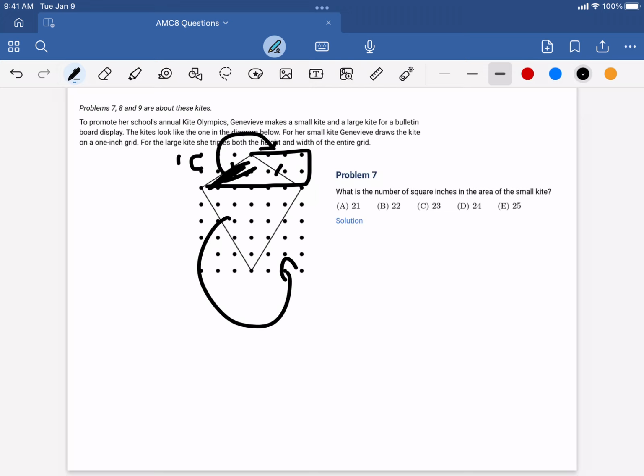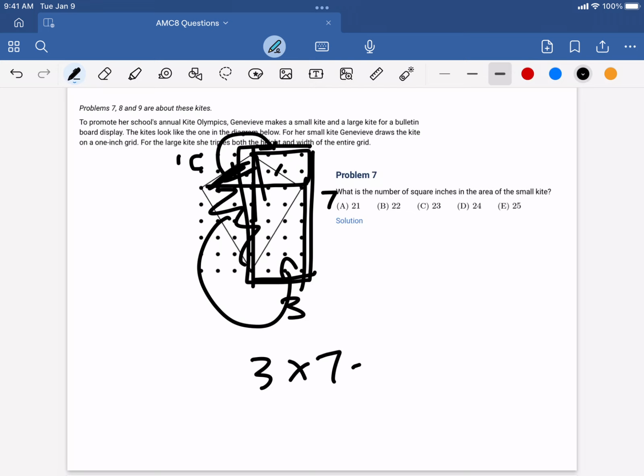We can move this over here. And we get this rectangle. So our final area will just be the sum of these 2 rectangles, or this one larger rectangle over here. So the height's going to be 1, 2, 3, 4, 5, 6, 7, 7. The width is going to be 3, so just 3 times 7, which is 21. So answer is A, 21.